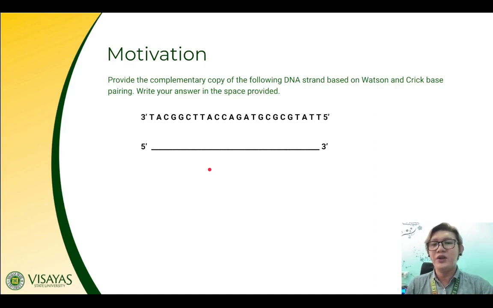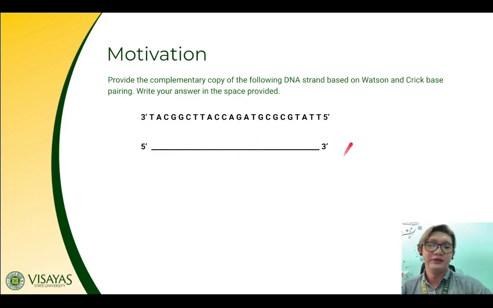We know that the base pairing of the two strands of a DNA is complementary to each other. In this given DNA strand, you provide the complementary copy based on Watson and Crick base pairing. So you can write your answer like this.